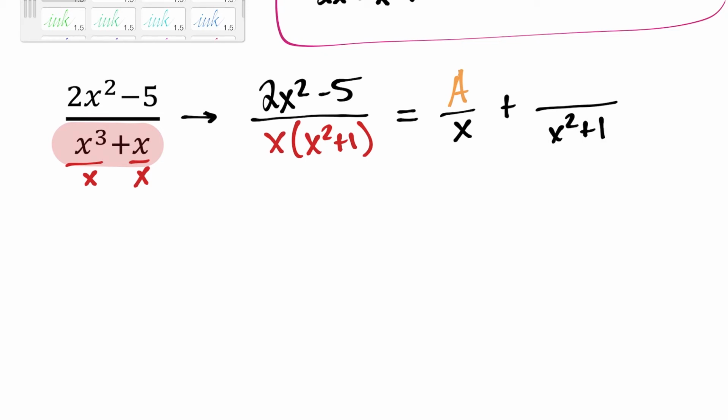And so in order to account for the fact that I have an x squared on the bottom, I'm going to have this as bx plus c on the top. So anytime we have a variable squared, you're going to have two variables that you're solving for, a b and a c in this case, and that first b is going to have a variable x with it. Now I can do my multiplying.